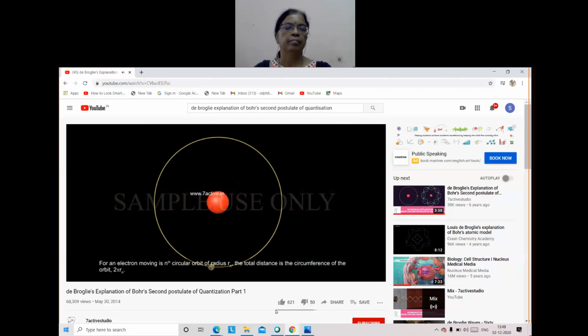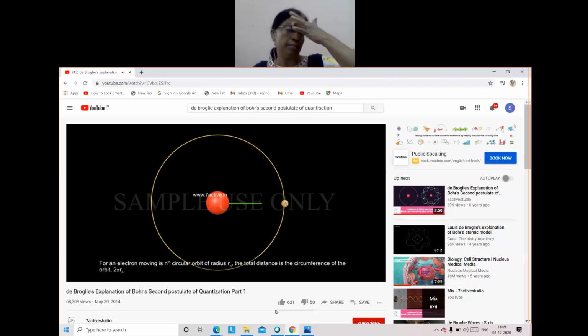For an electron moving in its nth circular orbit of radius r_n, the total distance is the circumference of the orbit, 2 pi r_n.